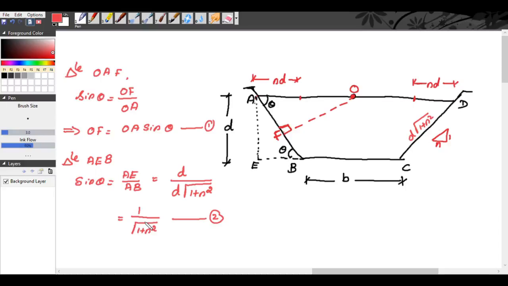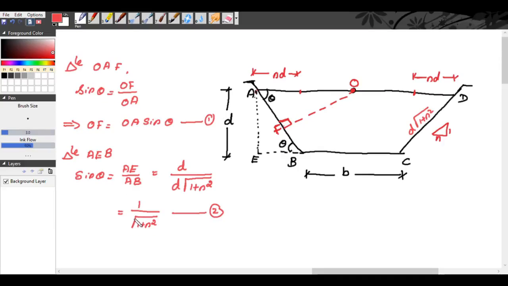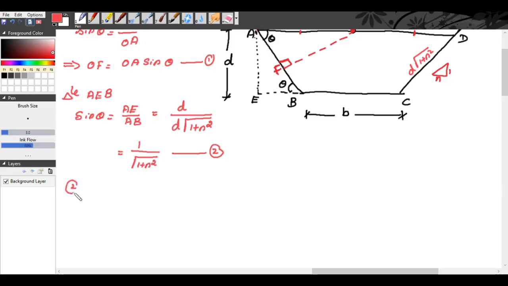Substituting 2 in equation 1, we get OF is equal to OA into sine theta, which is 1 by square root of 1 plus n square. Now what is OA?